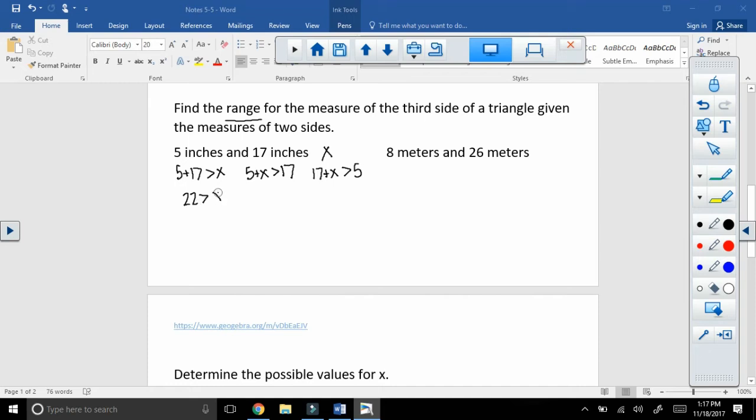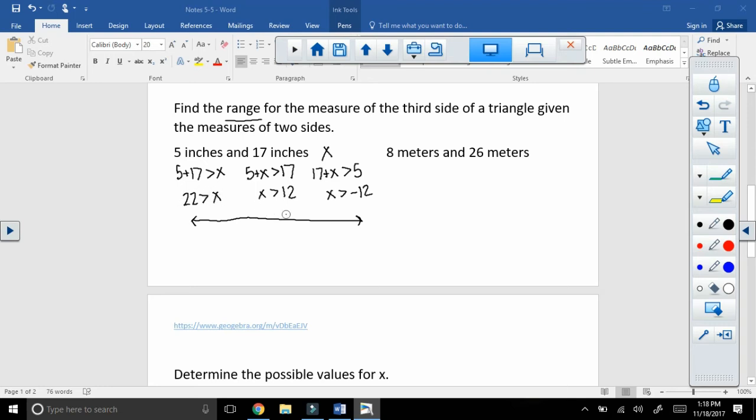So 22 has to be greater than x, x has to be greater than 12, and x has to be greater than negative 12. Well, because I have these three inequalities, really you're just looking for the two of them that make sense within this list. And if you're not able to just recognize that, you could always think about the number line.